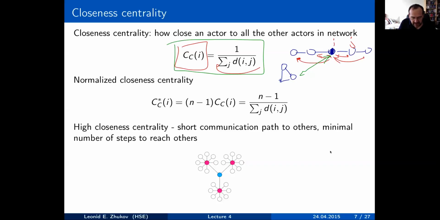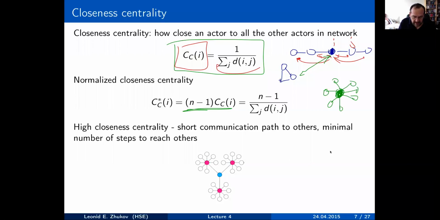And the same way as we did with degree centrality, we want to normalize it. Now, in this case, normalization really means multiplying by n minus 1, because this is the numerator and denominator. And again, the same story. The most central node in the star graph is this guy, and the shortest possible distance from this central node to any other node will be n-1.